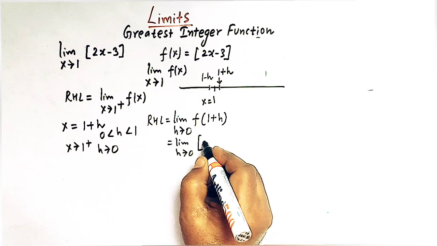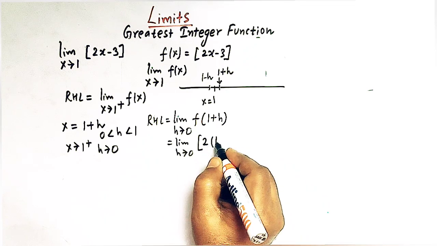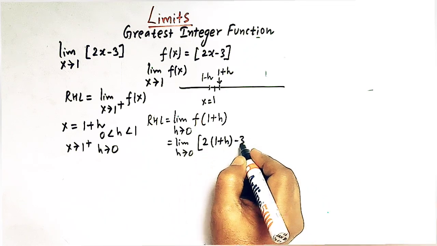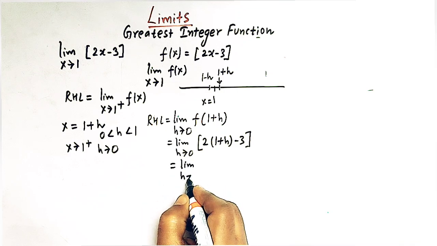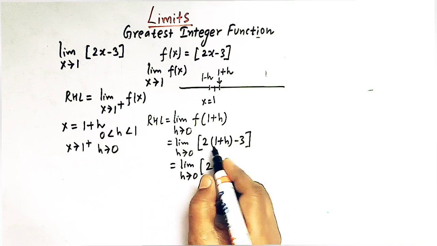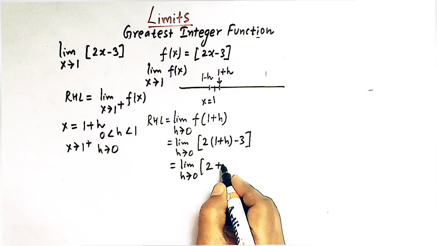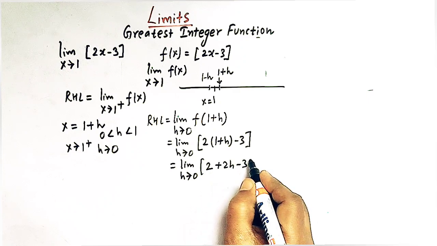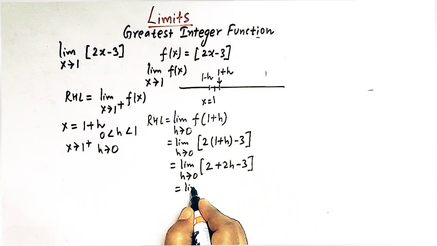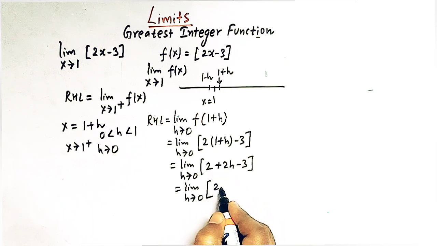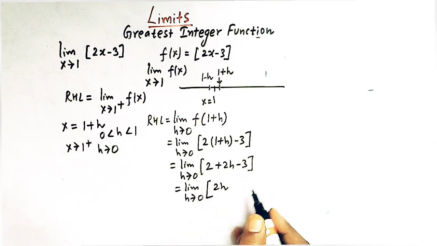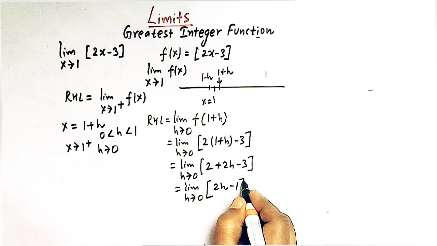So we have greatest integer of 2 times 1 plus h minus 3. Let us simplify it. 2 times 1 is 2, then we have 2h minus 3, so we can write limit h tends to 0 of greatest integer of 2h, and 2 minus 3 is minus 1.